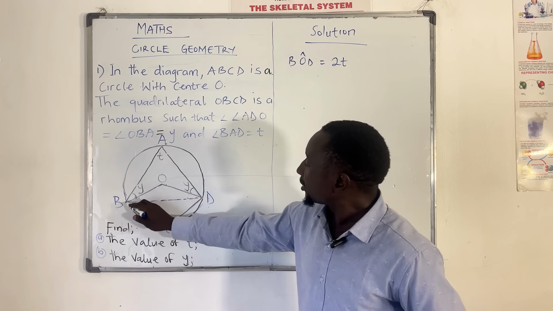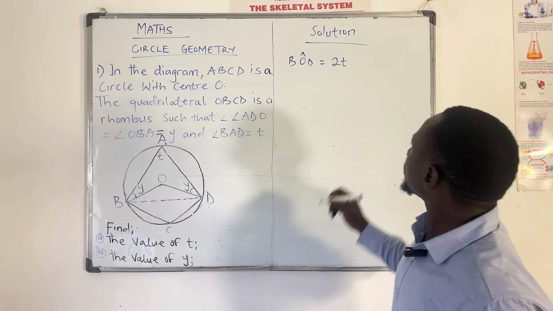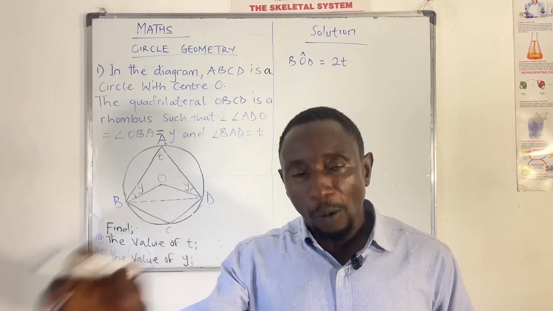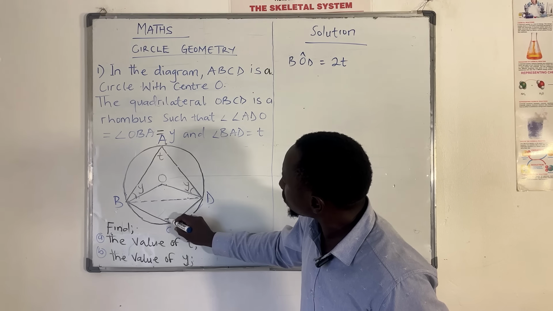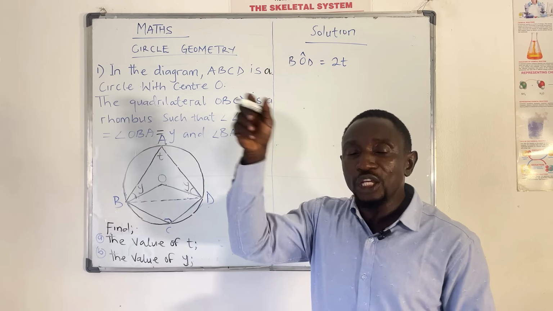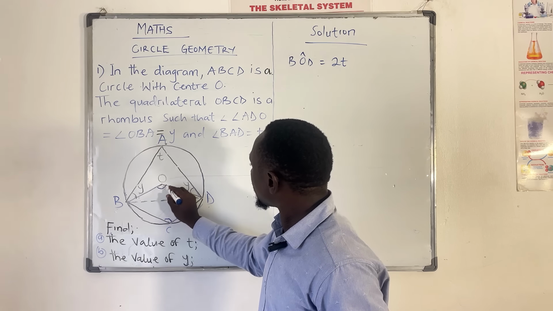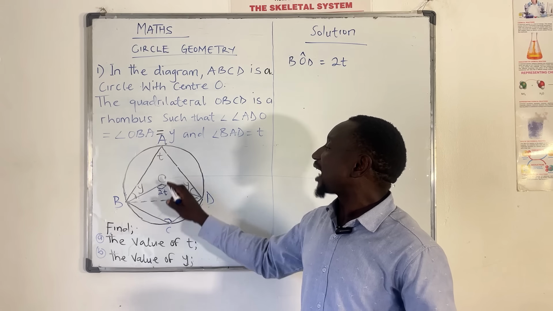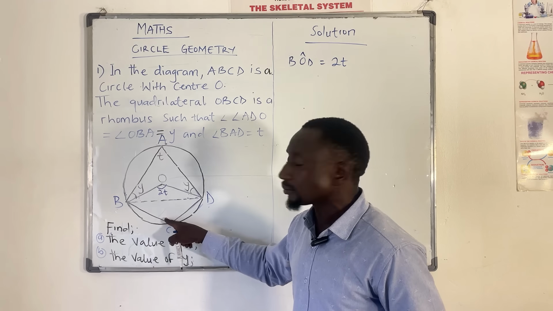So this is a cyclic quadrilateral, and there is a theorem that says that opposite angles of a cyclic quadrilateral are supplementary, meaning that this angle and this angle, they are opposite, and when you add them, they equal 180. Now, this is 2T, because remember we said angle at the center is twice the angle at the circumference. If this is 2T, then what would this one be?